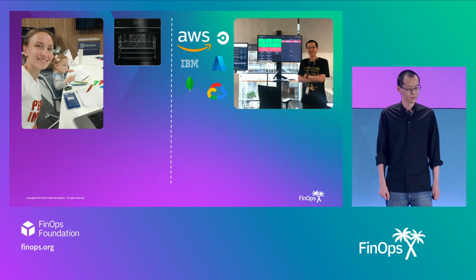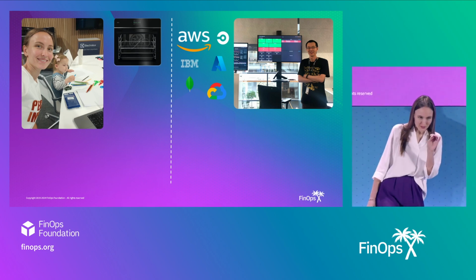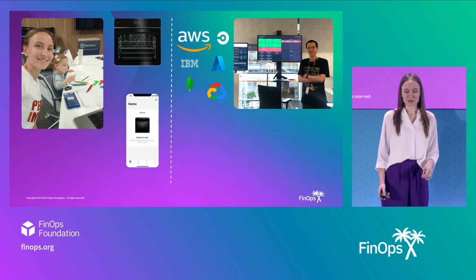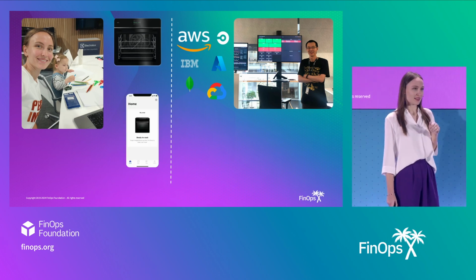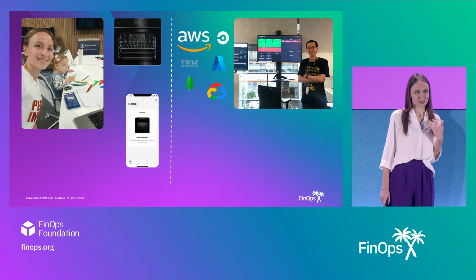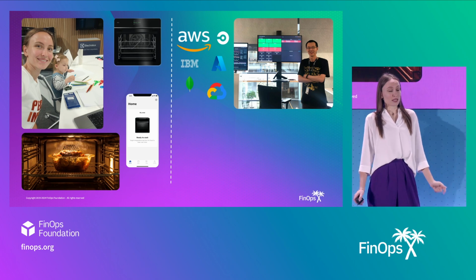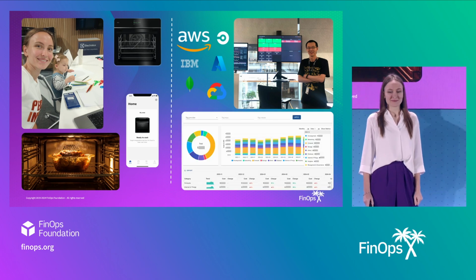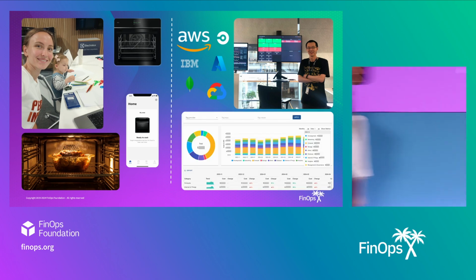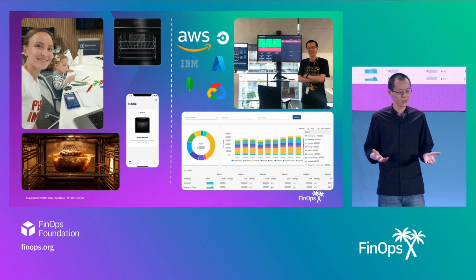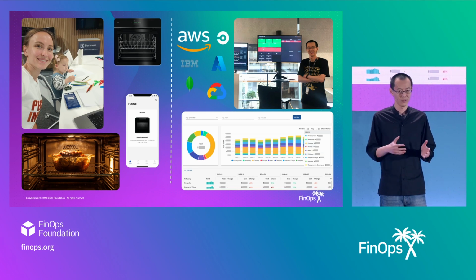I use connectivity, and instead of really looking into the oven, I prefer to spend quality time with my daughter, so I use the app, and then I receive a push notification when the food is ready. And then we can go and enjoy the dinner. And while our consumers are enjoying their dinner, my job is to ensure that our cloud cost doesn't go crazy, so it should be under our control.